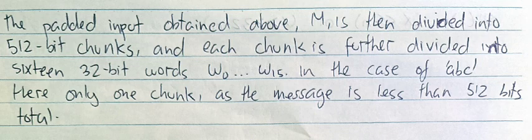In the case of ABC, there is only one chunk as the message is less than 512 bits total. For each chunk, begin the 80 iterations necessary for hashing, 80 being the determined number for SHA-1, and execute the following steps for each chunk Mn.